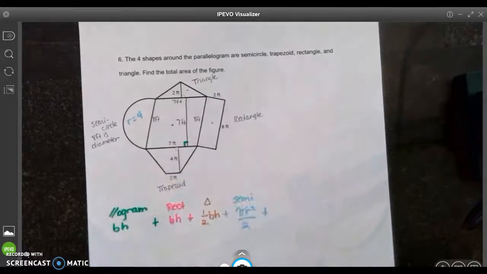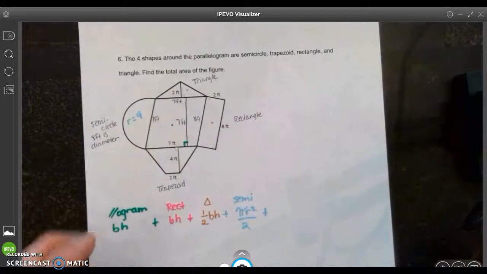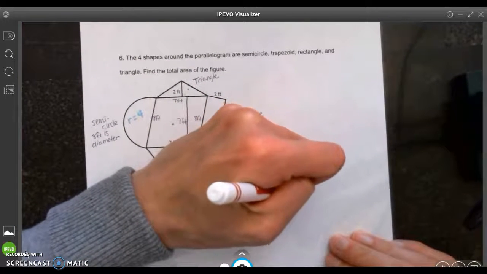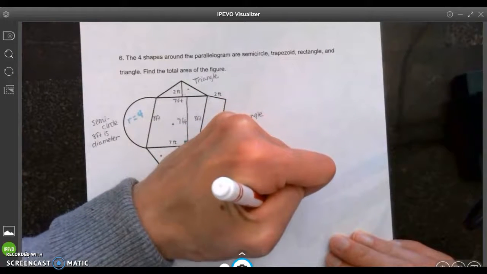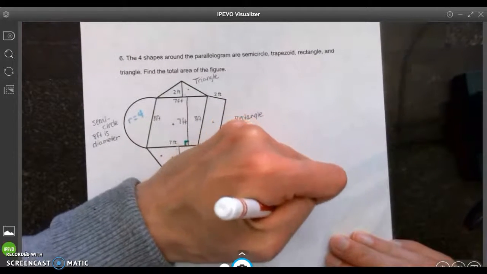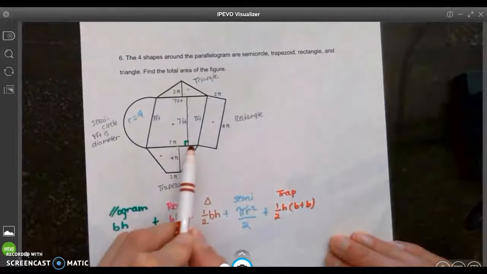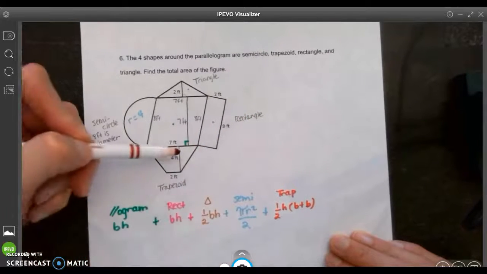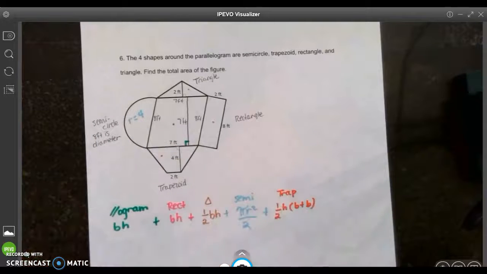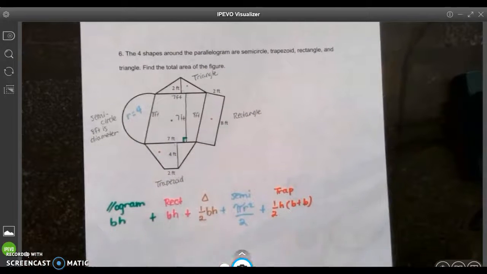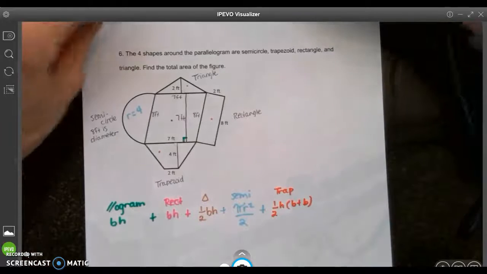And then last, we're going to add that to the trapezoid. So we're going to have 1/2 the height times base plus base. So our two bases are 7 and 2. Our height is 4. So you'll plug all those numbers into here, find the area of each one, and then add them all together. So hopefully that will help you figure out the rest of that worksheet.